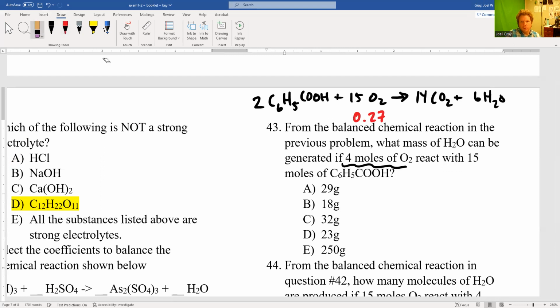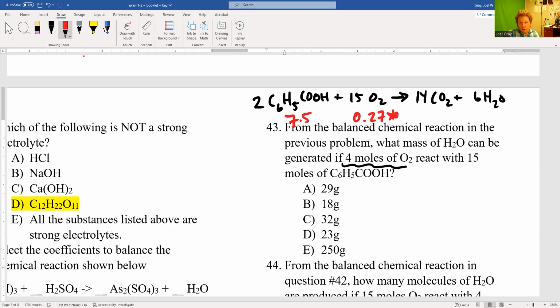Okay. Then I'm going to take the 15 divided by 2. And I'm going to get 7.5. Whichever number is the lower number, that is your limiting reactant. So in this case, it would be O2. O2 is my limiting reactant.